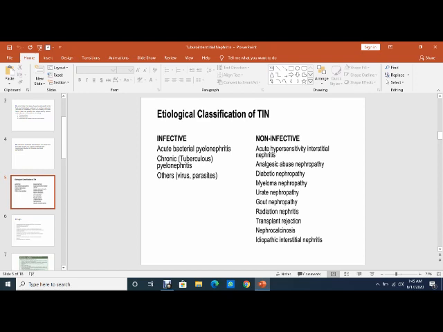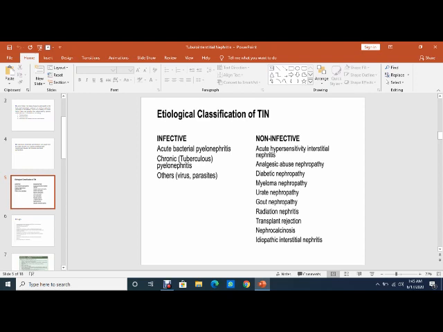Diabetic nephropathy also is a non-infective cause. In multiple myeloma, that is called myeloma nephropathy. When the uric acid level is raised, that leads to urate nephropathy. Gout, again due to uric acid deposition, crystal uric acid deposition.